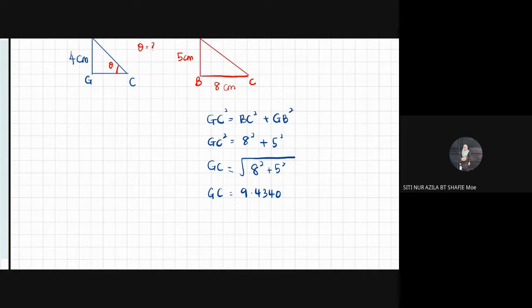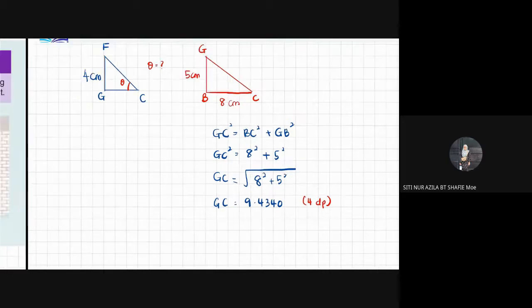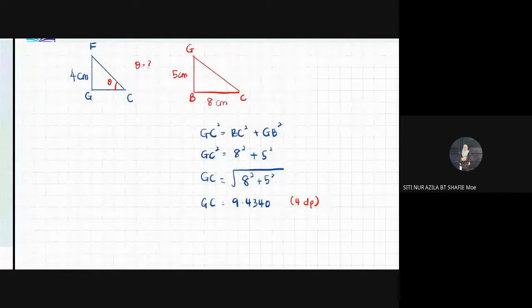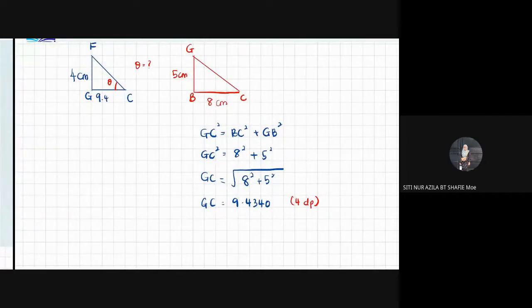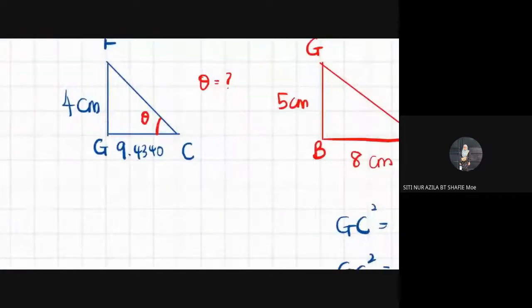Okay, remember for calculation, 4 decimal places. But for your final answer, just 2 decimal places. Okay, now, since we have the value for GC, 9.4340. Okay, refer to your first right angle triangle.